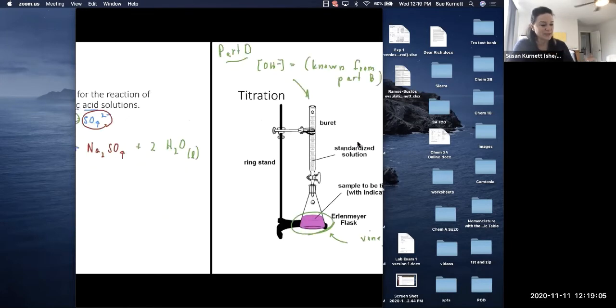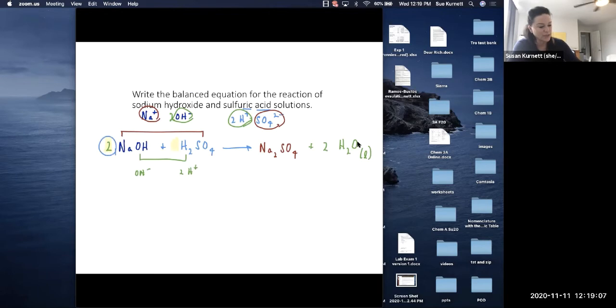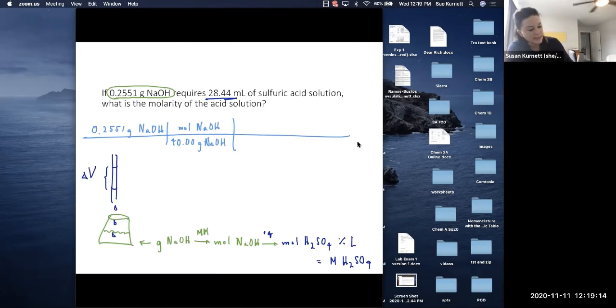And now I'm going to use this 2-to-1 ratio from the balanced chemical equation, the molecular one, and say 2 moles of sodium hydroxide are required to neutralize every 1 mole of sulfuric acid. And then what volume was that contained in? 28.44 milliliters.